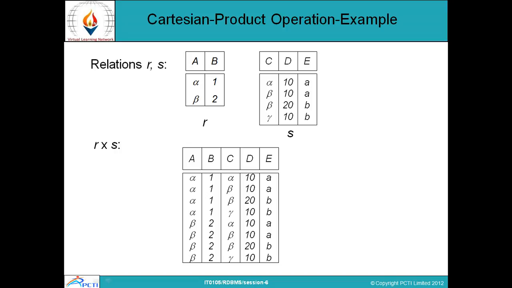Beta 2 is again repeated until all the values of S are covered, from alpha to gamma. This is the representation extracted from the Cartesian product of the relations R and S.